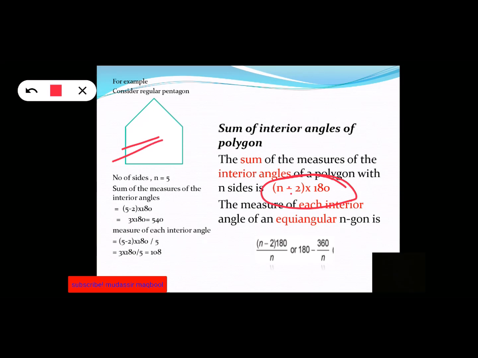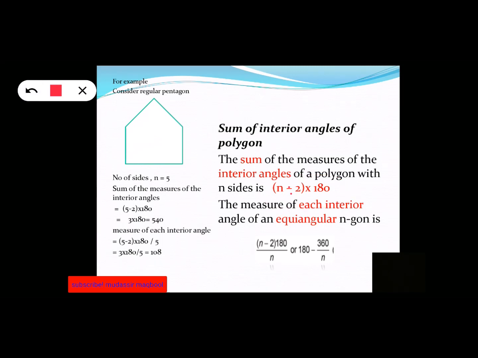In this pentagon, we have n equal to 5. n stands for the number of sides. So n is equal to 5. Substituting this n equal to 5 in this formula, we get the sum total of all the interior angles equal to 540. That means the sum of interior angles of a pentagon is always equal to 540 degrees.